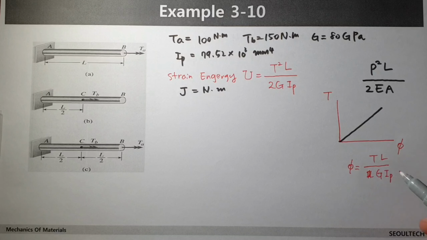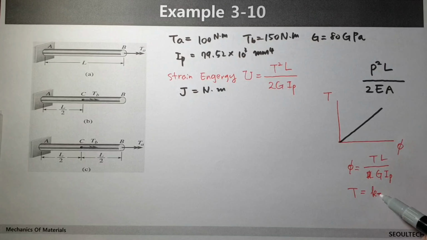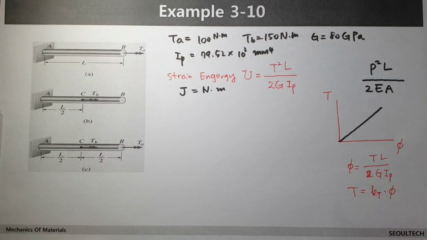That's why there is a kind of T equals K phi, with stiffness K. We have this linear relationship between change of rotation and torque. It's a kind of rotational spring.